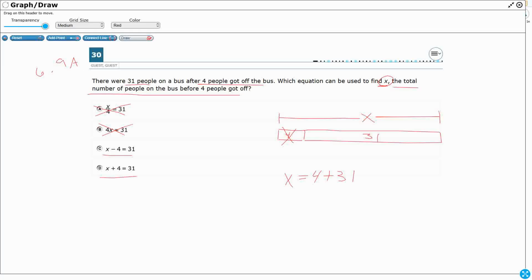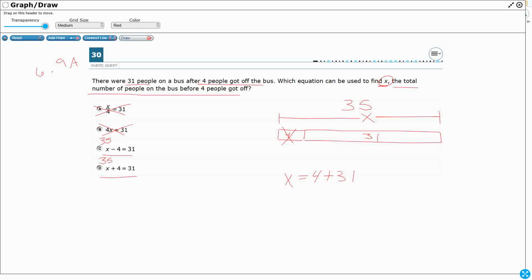So what does that equal? That means I've got 35. There were 35 people on the bus before the people got off. 4 people got off, now there's 31. 4 plus 31 makes 35. So if I were to say my x is 35, which of these is going to make more sense? 35 minus 4, or 35 plus 4 makes 31?